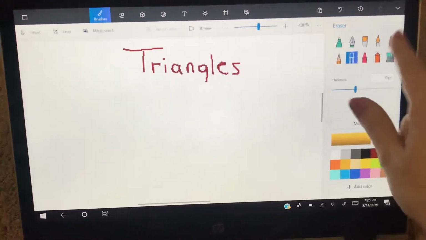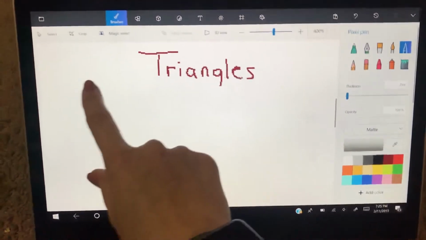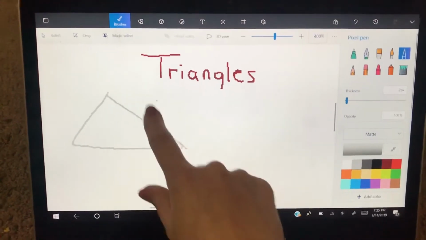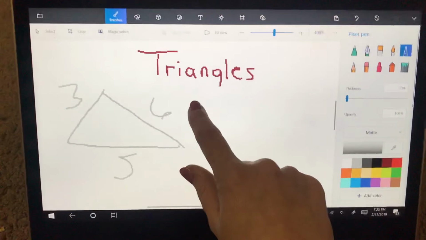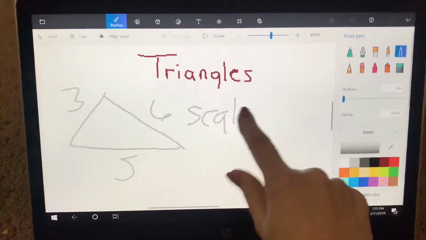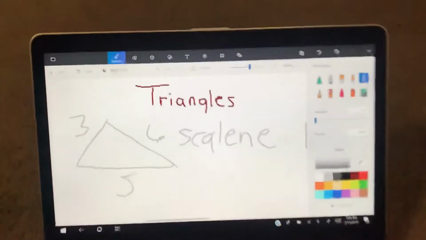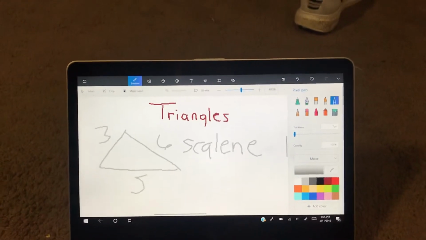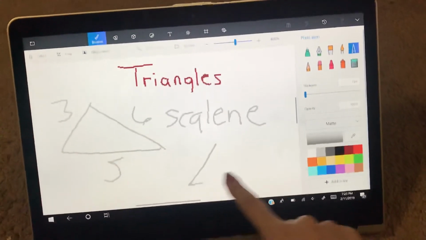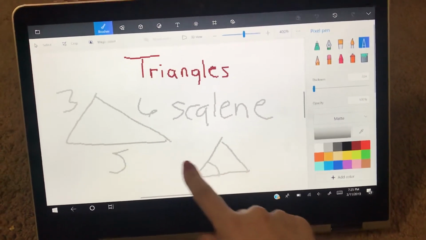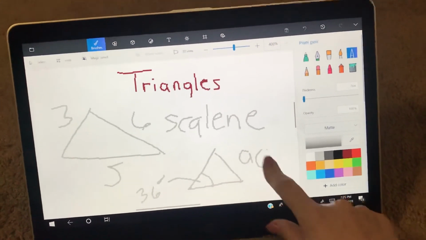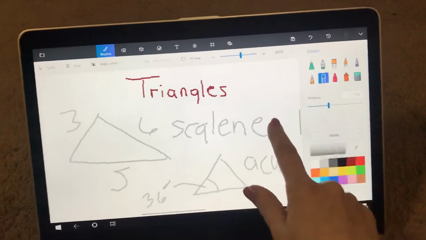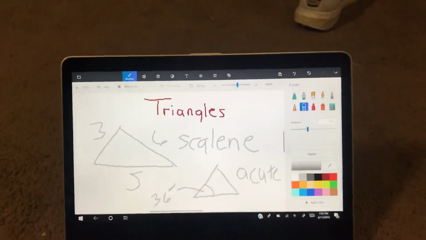And the last two we have sides are 6, 5, and 3, making it scalene. And then I have a triangle where the angle is 36 degrees, making it acute. So then we have all of our triangles.